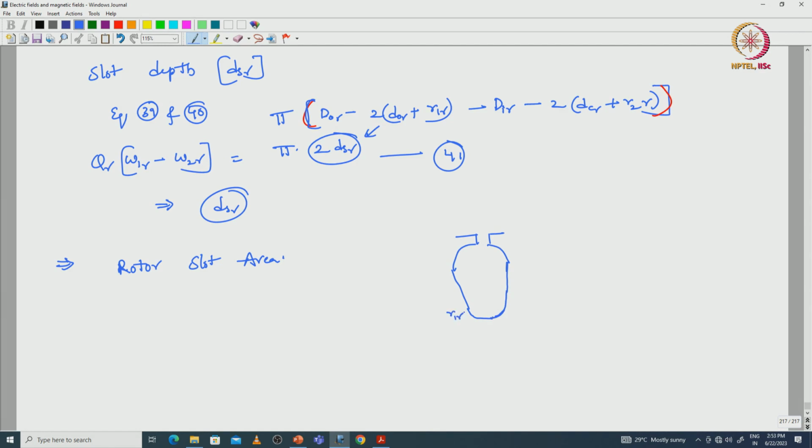Here R1, R1R, DSR, R2R and DCR, and this is D0R, this is B0, that is slot opening. So, we have to find the slot area.